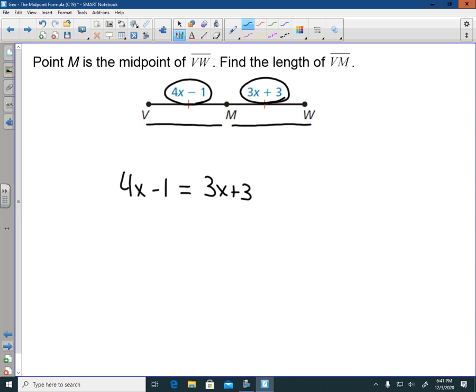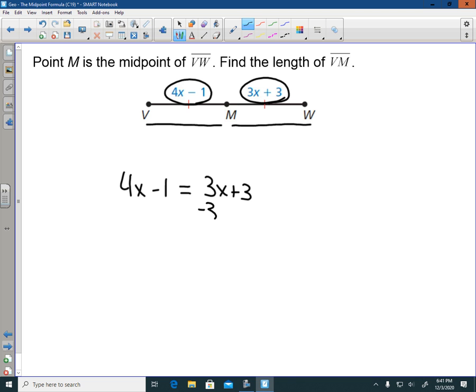So let's do that. There are about 4 ways you could start this problem. You could subtract 4x from both sides. You could add 1 to both sides. You could subtract 3x from both sides. Or you could subtract 3 from both sides. I'm going to subtract 3x from both sides.